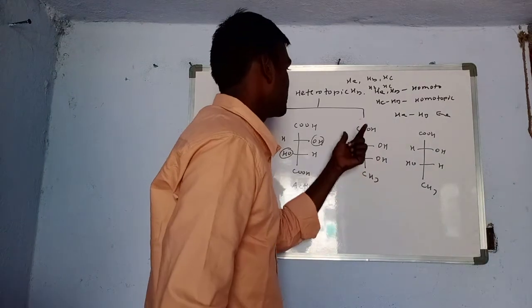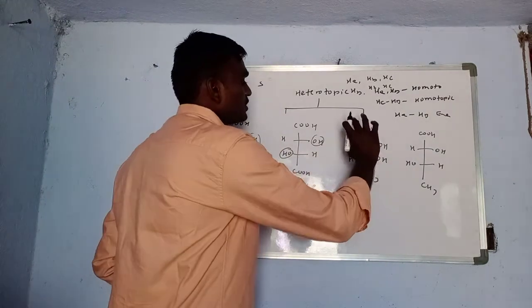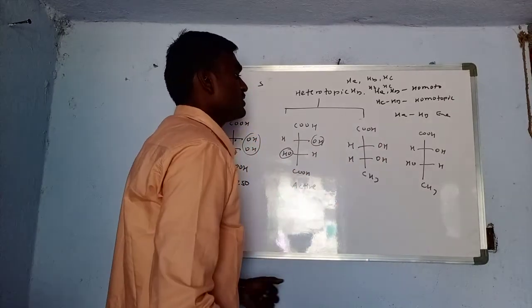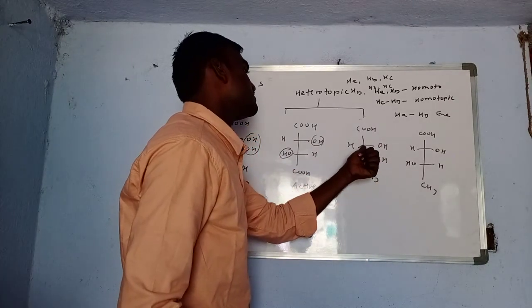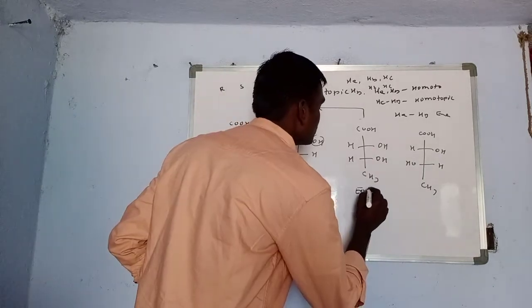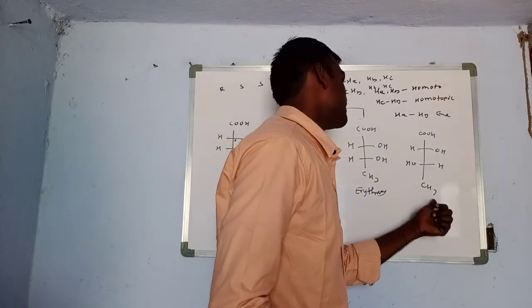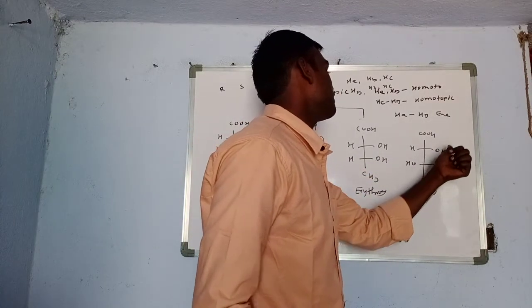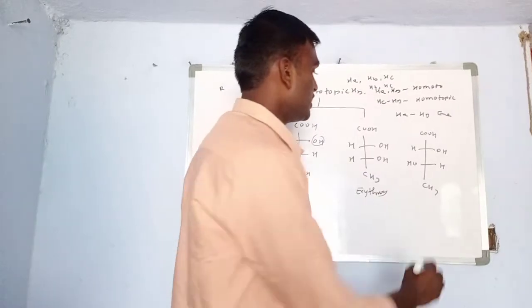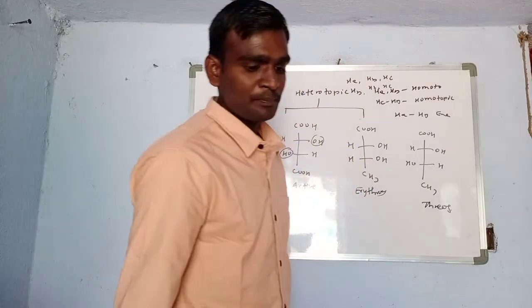In this example, the top and bottom groups are different. If the top and bottom groups are different, but at the chiral centers the same groups are on the same side, then these are known as erythro. If the top and bottom groups are different, and at the chiral centers the same groups are on different sides, these are threo.